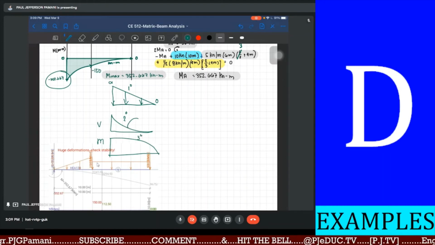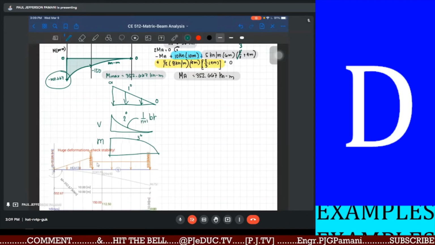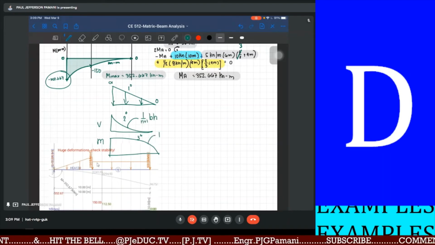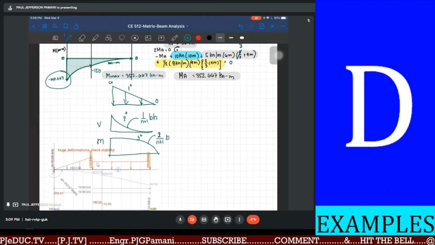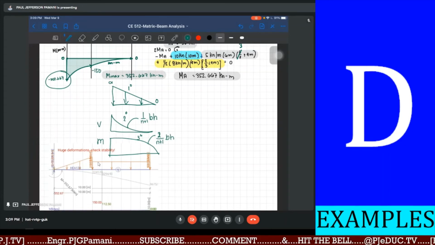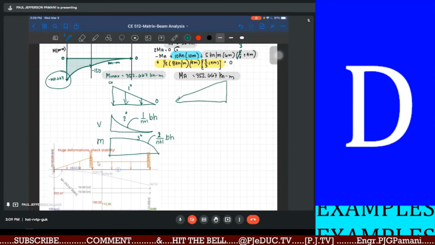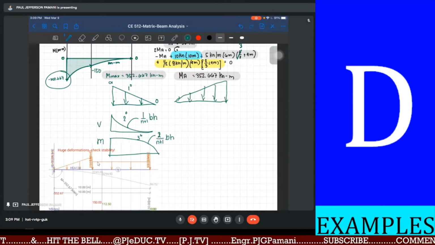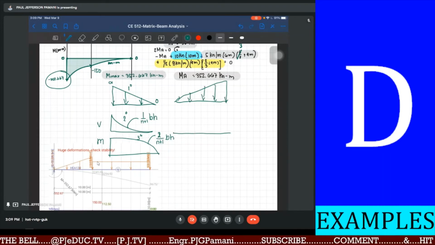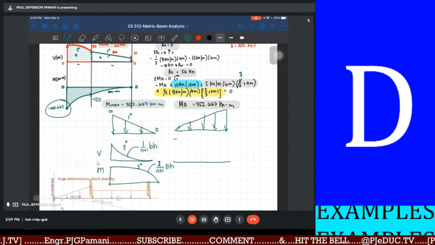Computing the area, that is 1 over the degree plus 1 base times height. Computing the area, that is 2/3 or 2 over n plus 1 times base times height. But if the varying load is increasing, just like this one, the curve now should open downward.